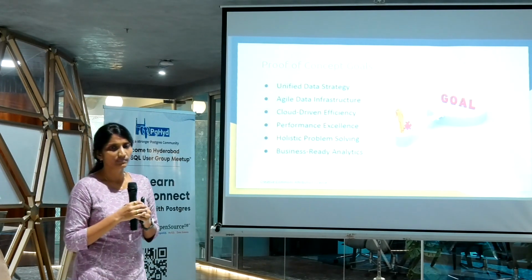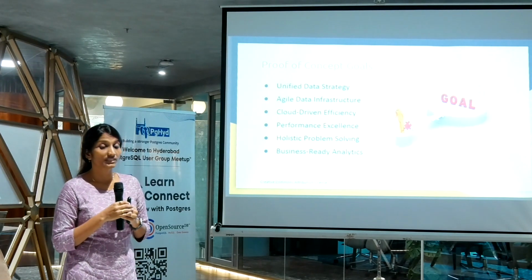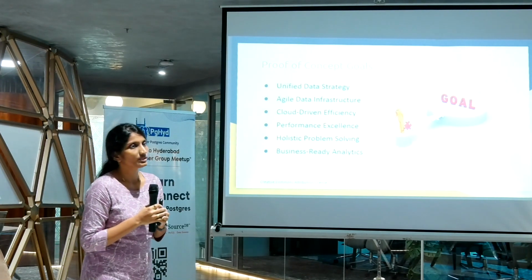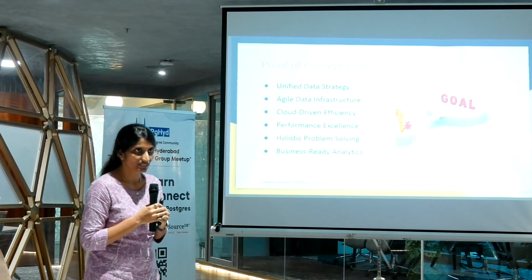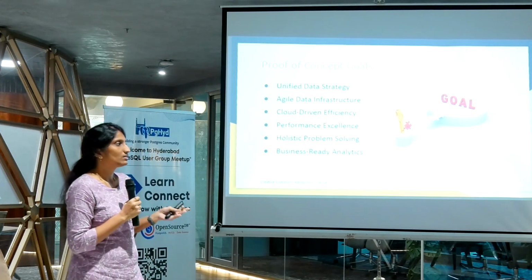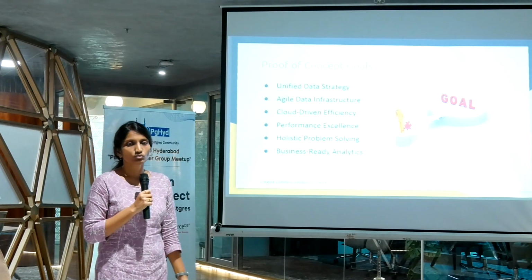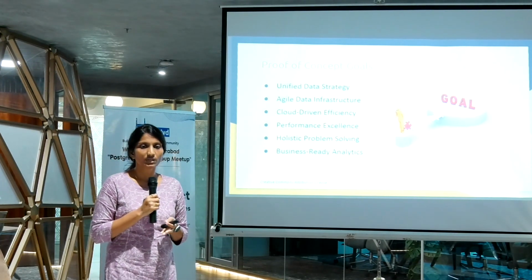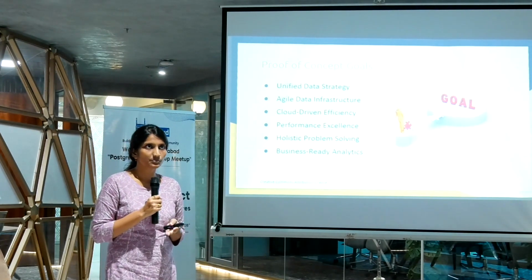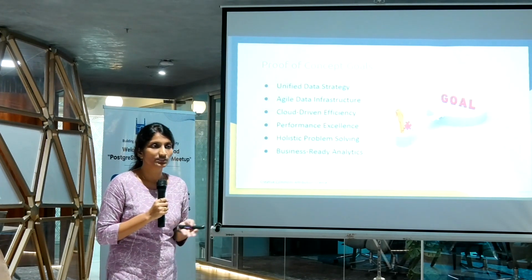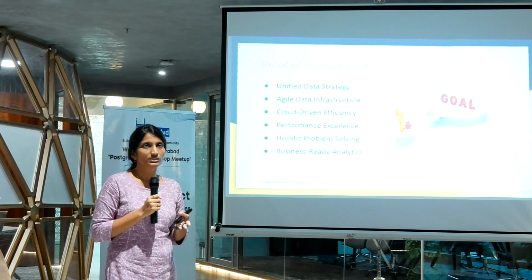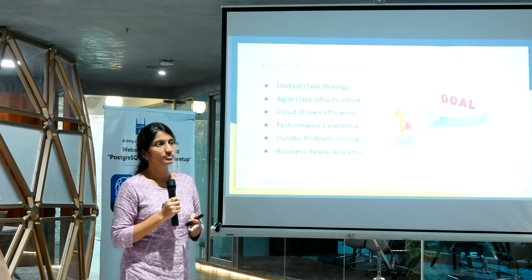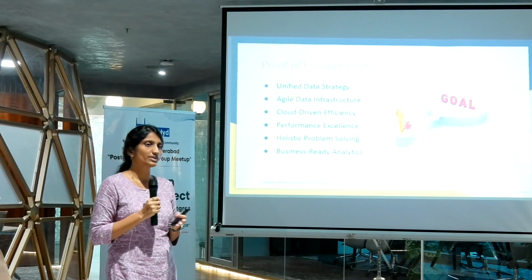Coming to the agile data infrastructure, as we mentioned, the current data infrastructure doesn't support holding that 10 to 15 TB of data, so we have chosen this. Apache Spark is a distributed processing engine for large data sets, so it can handle huge amounts of data for transforming.